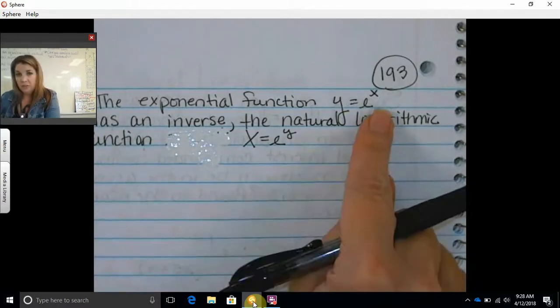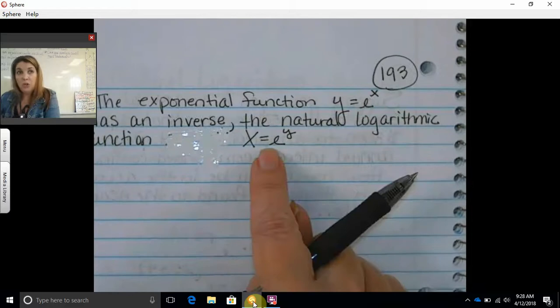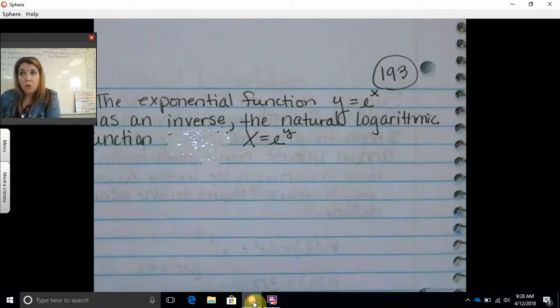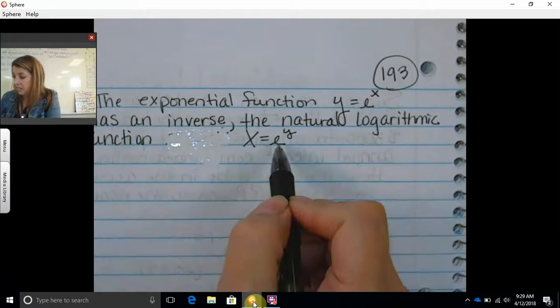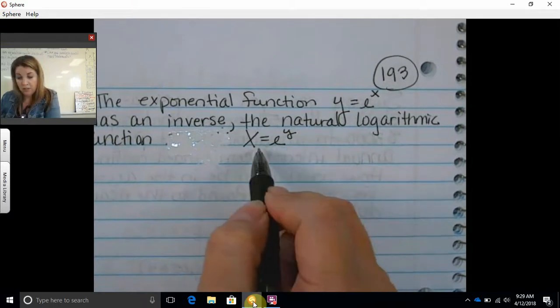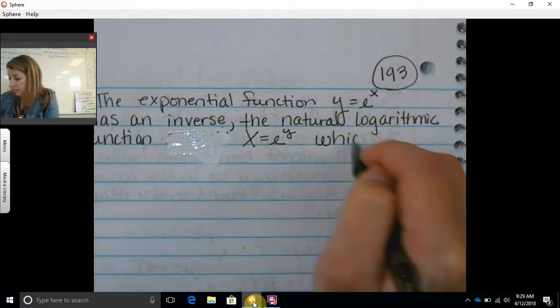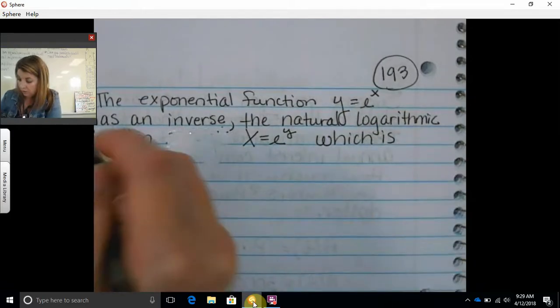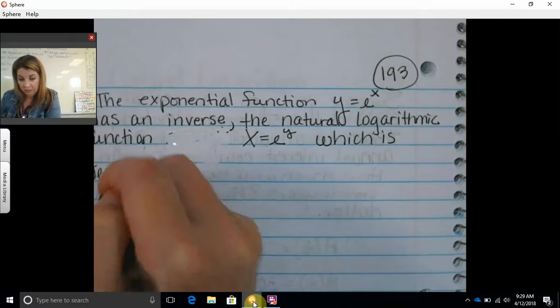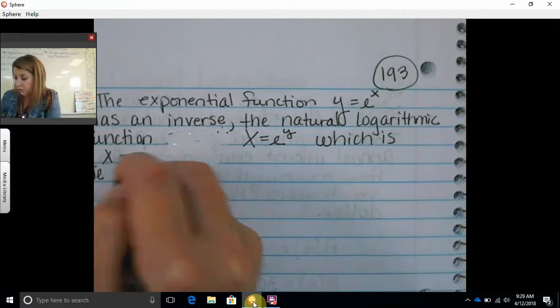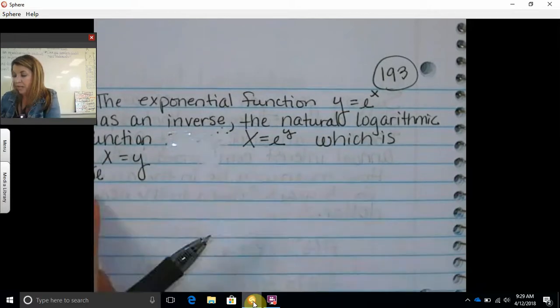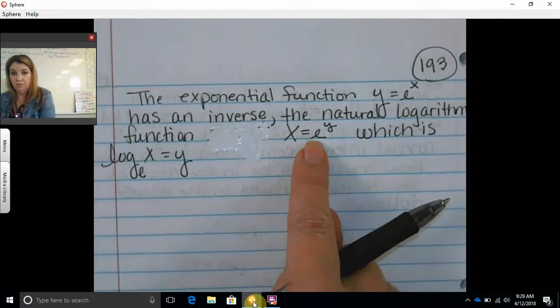So this is an exponential function. This is still an exponential equation, but it's an equation of a logarithm. So this is the exponential form of a logarithm, which is log base e of x equals y. Logarithmic form, exponential form, both of a logarithm.